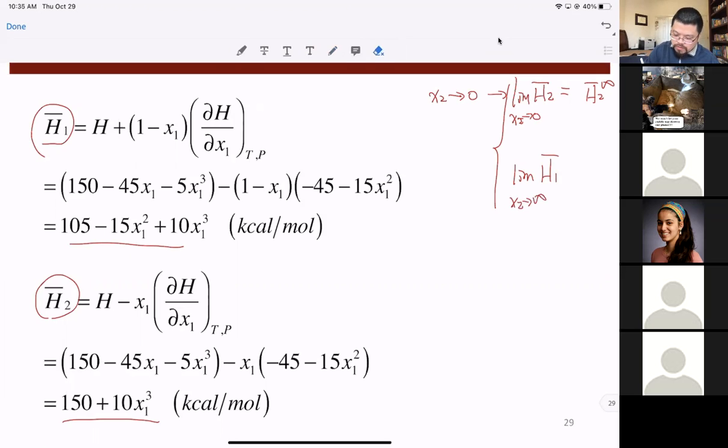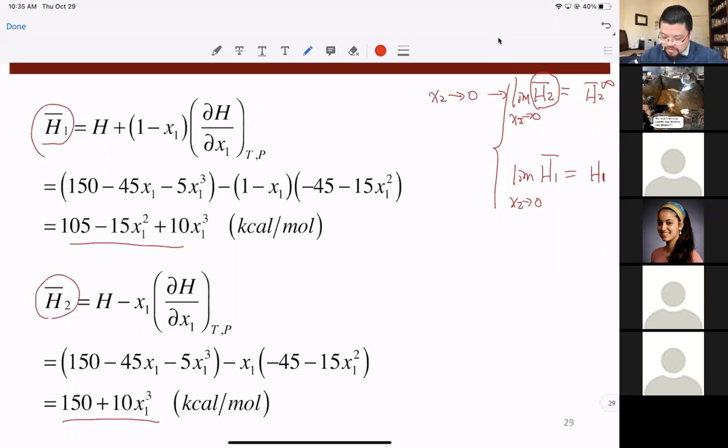You see that for each component we have to use its own expression.